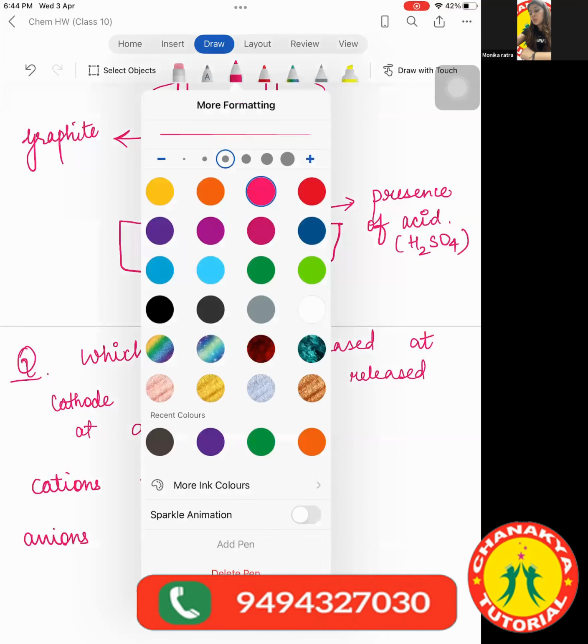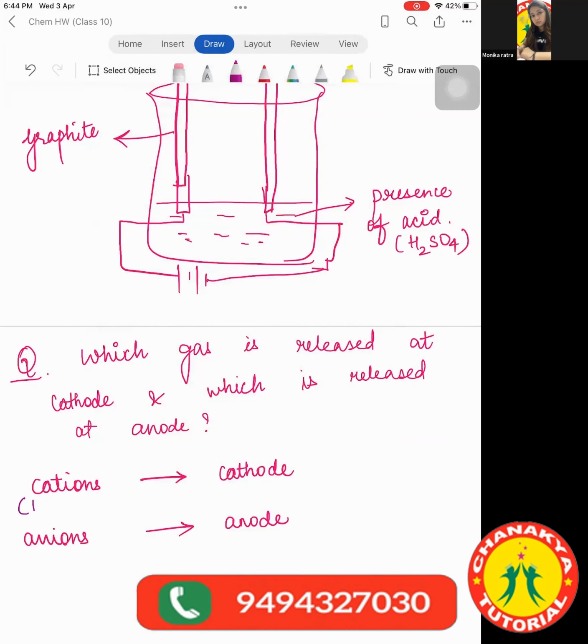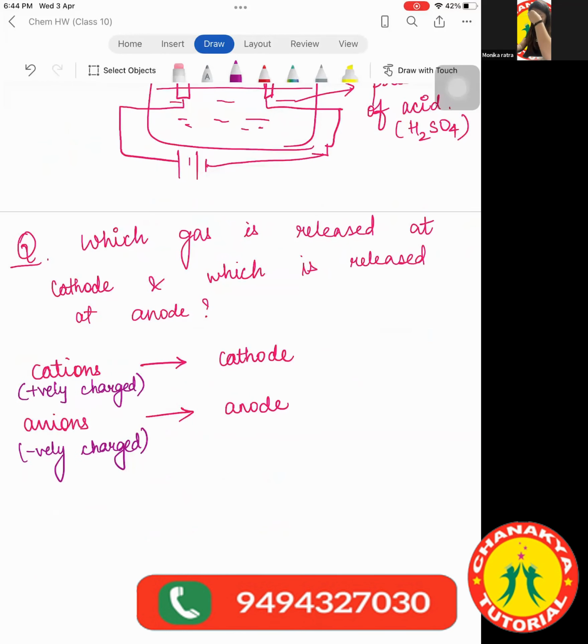Can anyone tell me what are cations? Positively charged. Yes, they are positively charged and anions are negatively charged. So out of hydrogen and oxygen, I hope you are able to understand what could be the cation and what could be the anion.